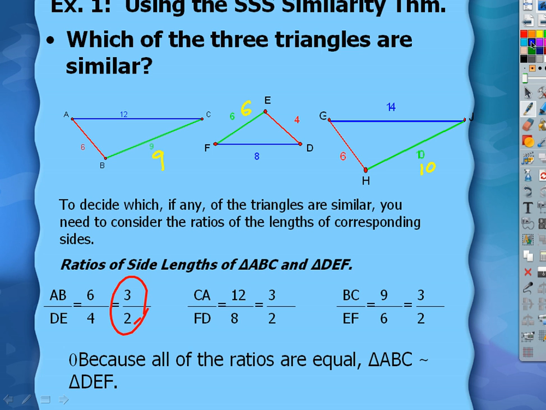Here's the blue ratio for the first two. And here's the yellow ratio for the first two. Now, if we look at the second two, the red ratio is 6/4, but the blue ratio is 14/8. Now, those are not equal, right? So they're not similar.